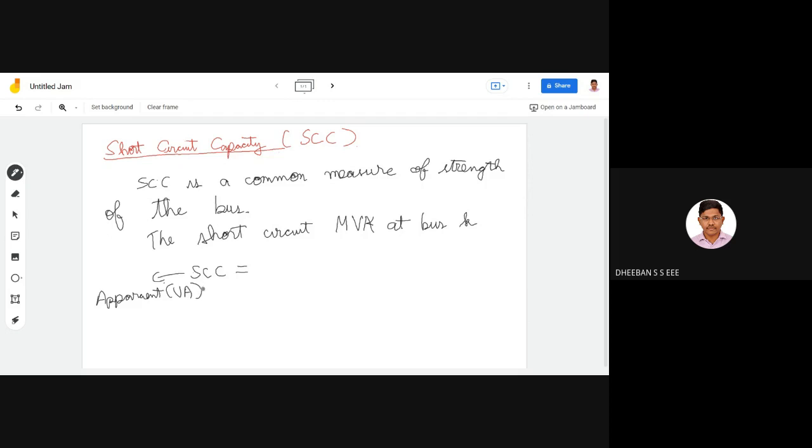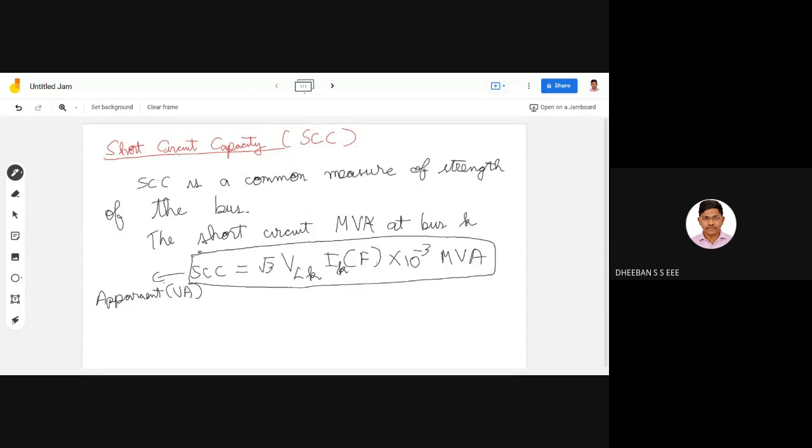Here the power becomes root 3 V_LK I_K, where I_K(F) is the fault current, into 10 power minus 3 MVA. So this is the formula for short circuit capacity.